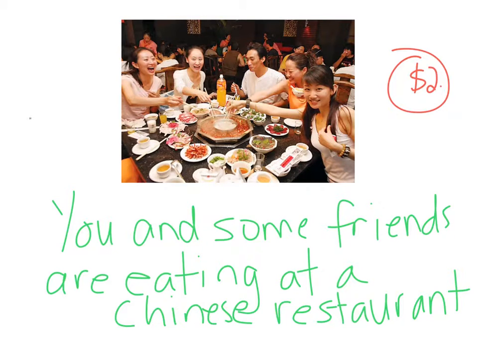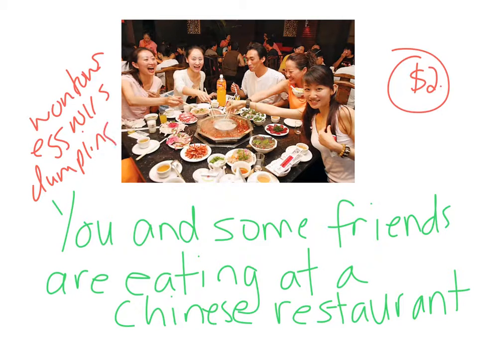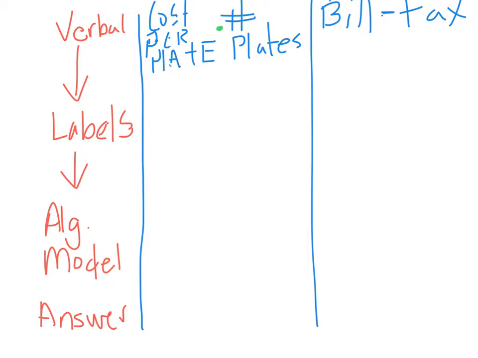You get some wontons, some egg rolls, some dumplings, and your bill comes to $25.20, which also includes $1.20 of tax. So what I'm going to have you do with me is use modeling to find out how many plates you ordered.